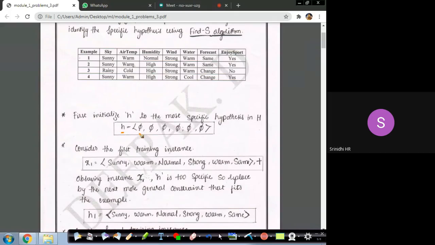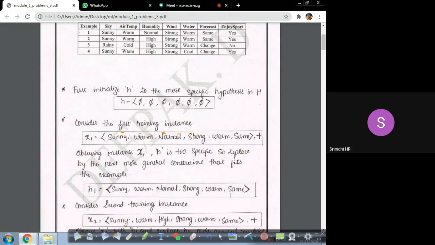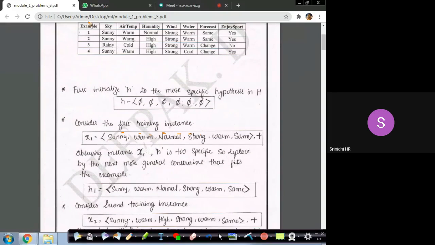All 6 attributes will be null in my specific hypothesis. Let's consider the first training example, x1. My first training example is sunny, warm, normal, strong, warm, and same.